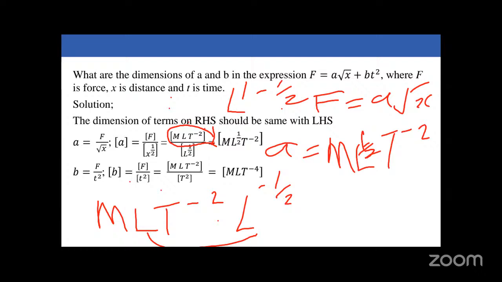So that is our dimensions for A, the dimensional formula for A.